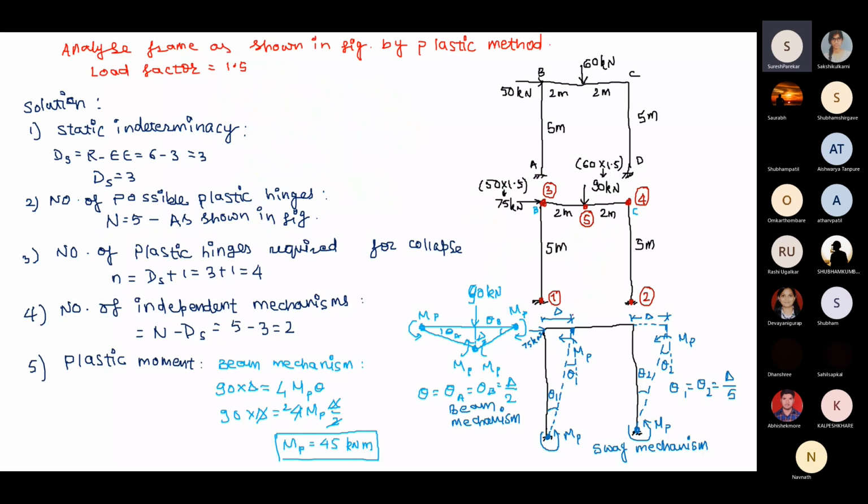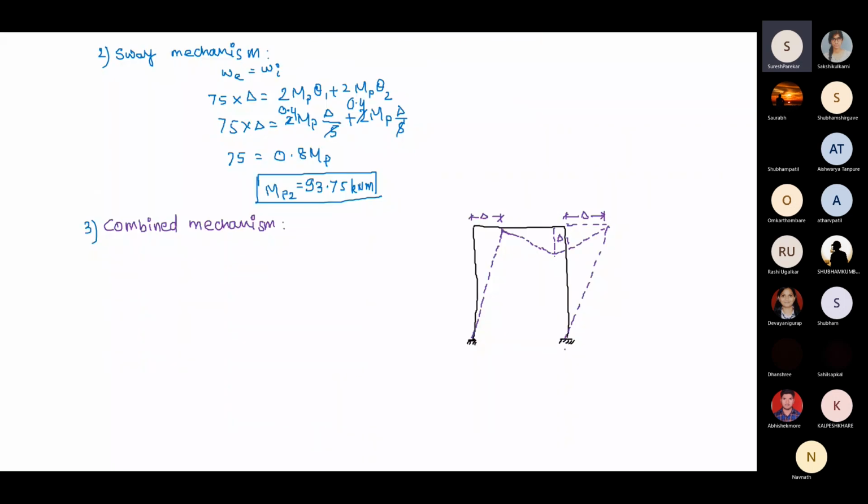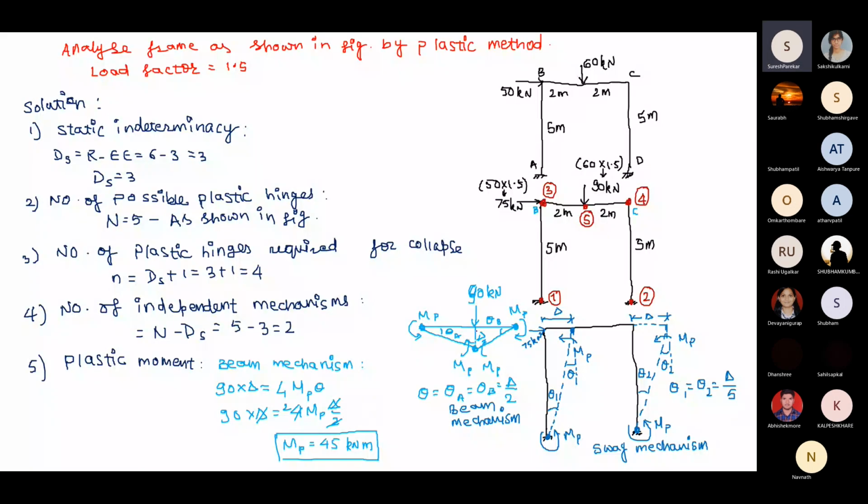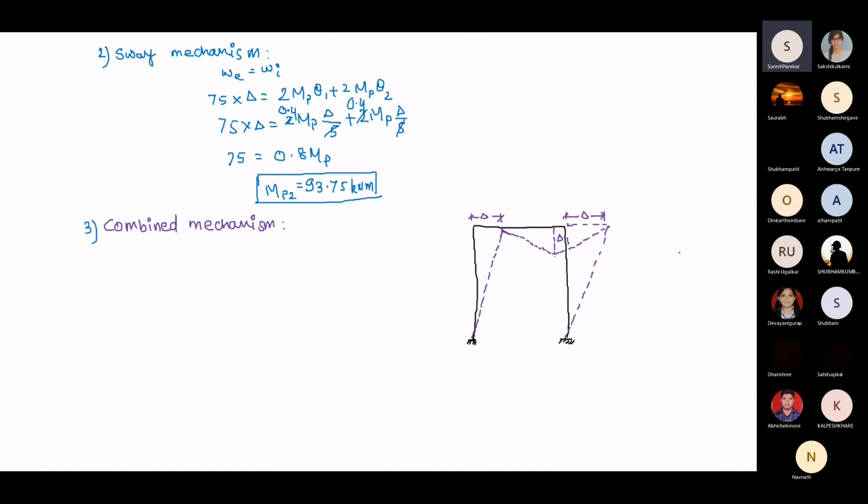So how many hinges do we require? We require 4 hinges. In the basic problem, how many hinges are possible? 5. But collapse will occur when we have 4 hinges only, and therefore this hinge at B we are not going to consider, and the other 4 hinges are considered.